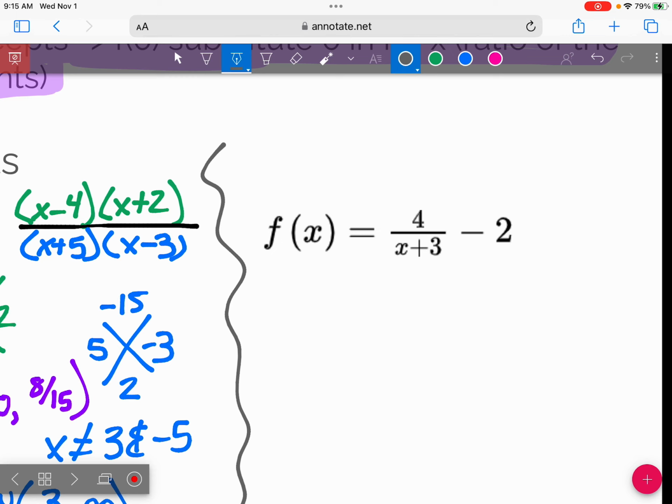So right now I don't have a numerator I can find zeros of. But could we maybe figure out a way to combine some like terms? Because we've worked with things like this before. What can I do to be able to get the 2 inside my fraction? Common denominator. So this is going to be 2 times x plus 3 over x plus 3.